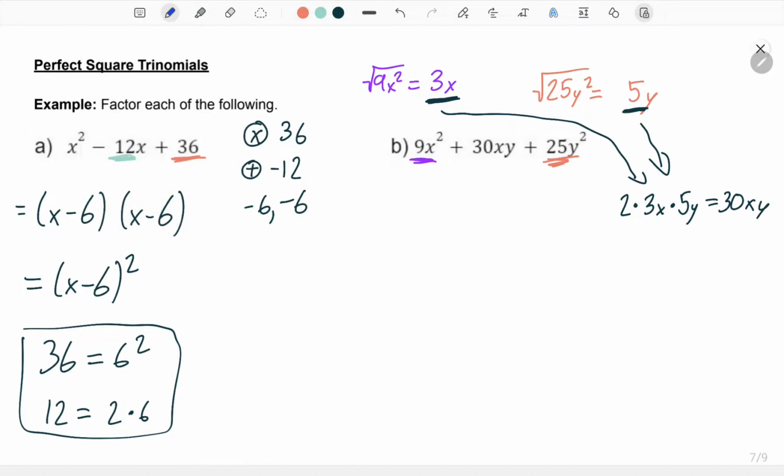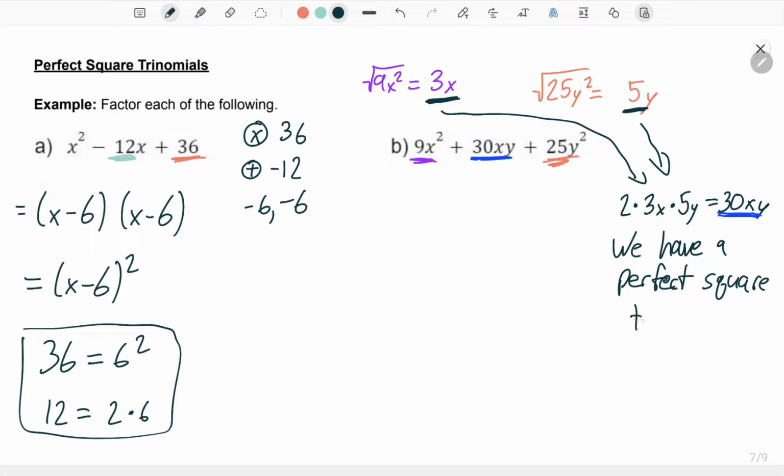The 30xy matches the 30xy in the middle of our trinomial. And so this means that we have a perfect square trinomial. So that's the thing to check, whether you have a perfect square trinomial.